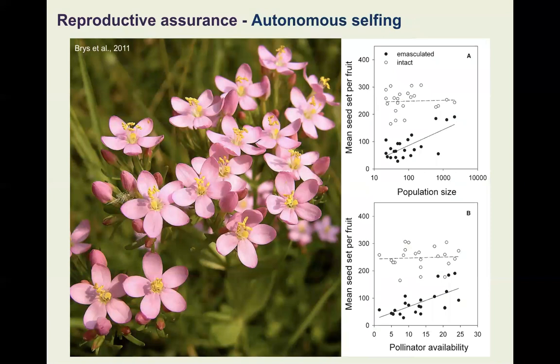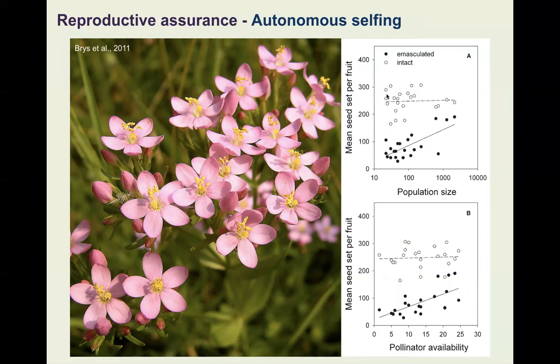Other forms of evidence for this: we may not see exciting flowers that tell us we've got self-pollination, self-fertilization, but you can run an experiment, as is illustrated here, to demonstrate that these flowers are self-fertilizing. The measurement on the y-axis is the seed set per fruit, so basically how successful pollination is, how many of those ovules are fertilized.